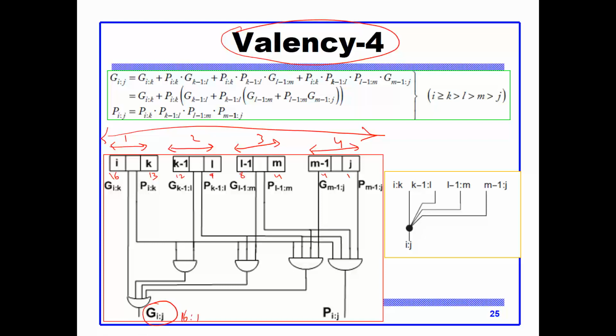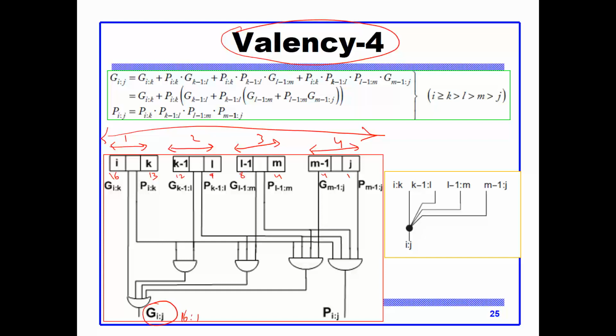Now in the previous valency of 2, to decompose it into these finer ranges, I had to do 2 steps. Now I can do it in 1 step. I can decompose it into smaller ranges.